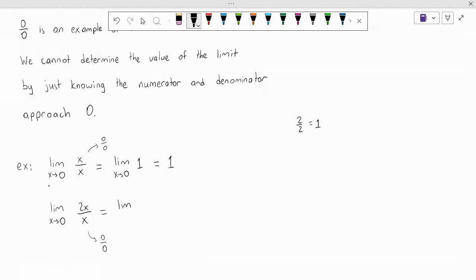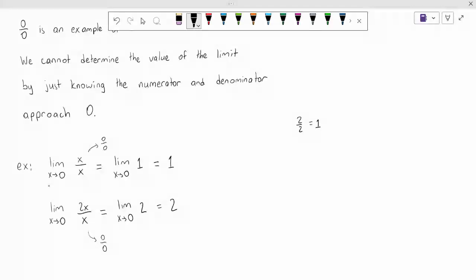But if instead of plugging in 0 for x, you first simplify this expression, 2x over x, the x's will cancel out. So really, that expression simplifies to just be equal to 2. So then what's happening as x approaches 0? Well, 2 just remains equal to 2. So the limit here is just going to be equal to 2. Okay.